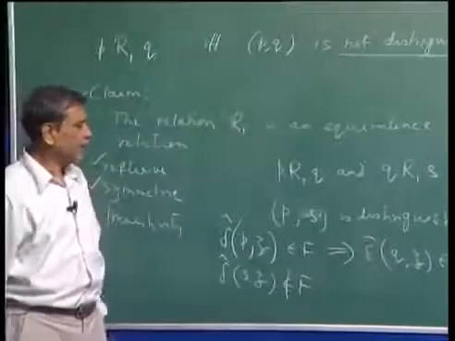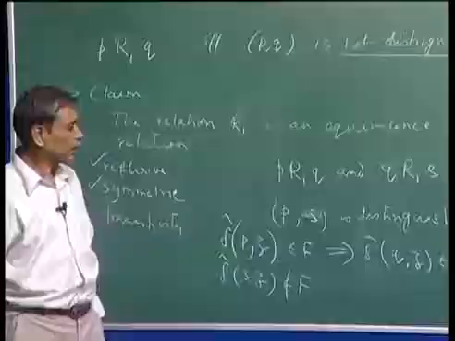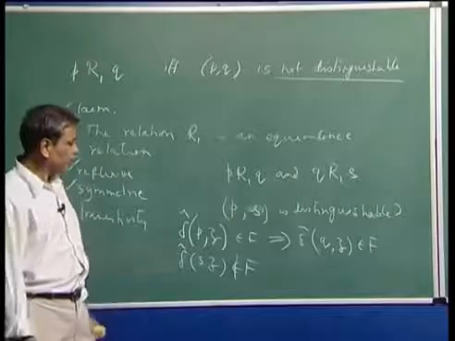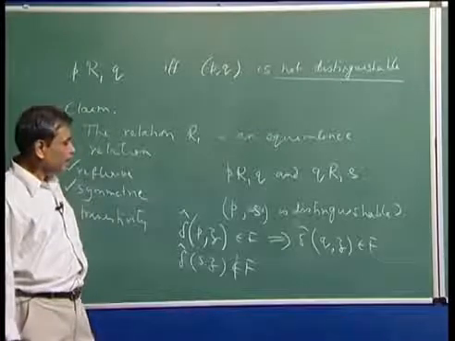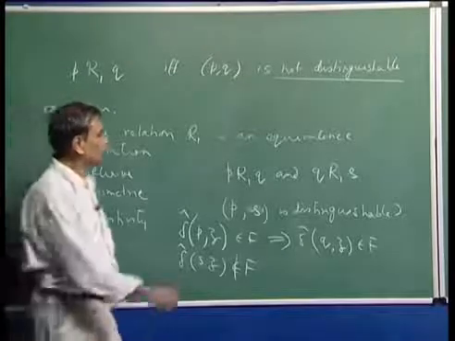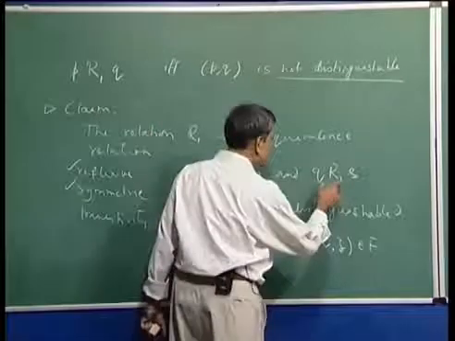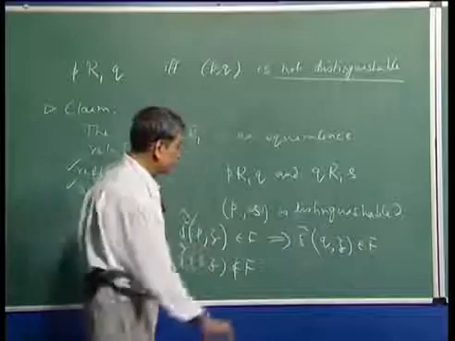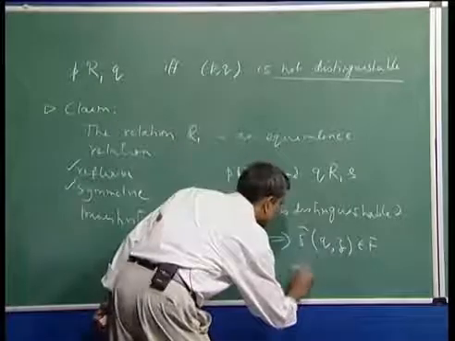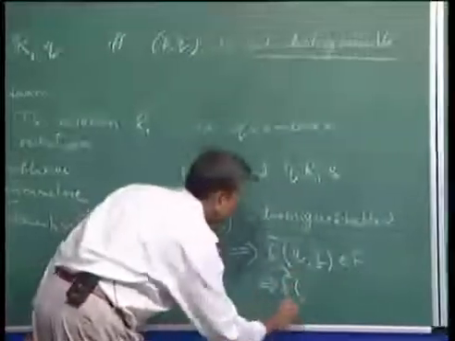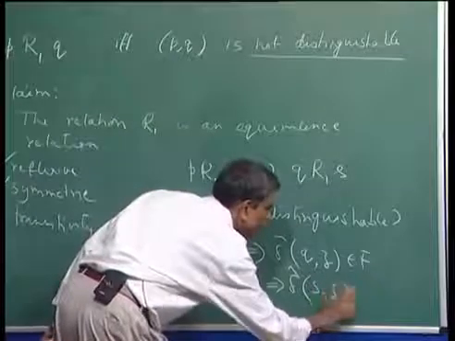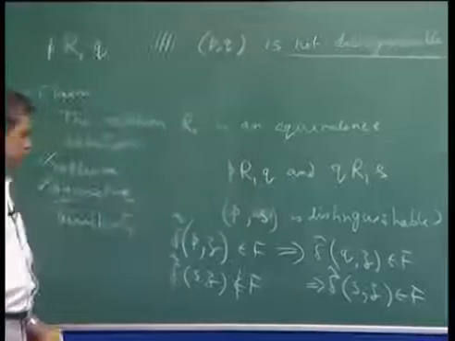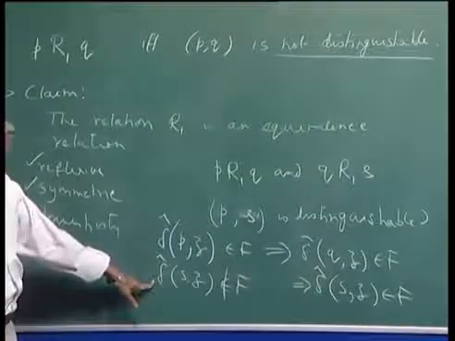So, therefore, I can say that delta hat Qz must be in a final state, one of the final states, and now use the fact that Q is not distinguishable from S. So, this would also mean delta hat Sz, the same z, because of the same argument, takes the machine to a final state, but that contradicts this assumption.